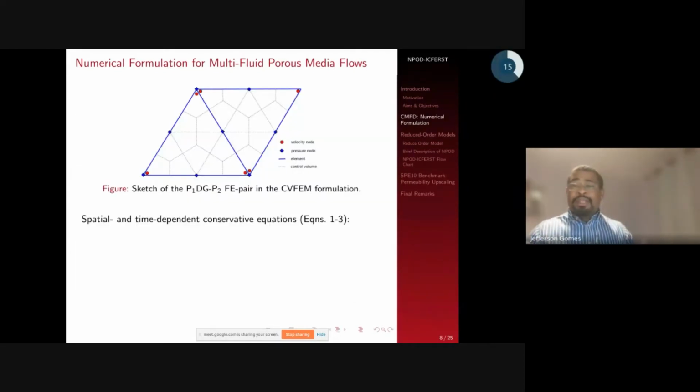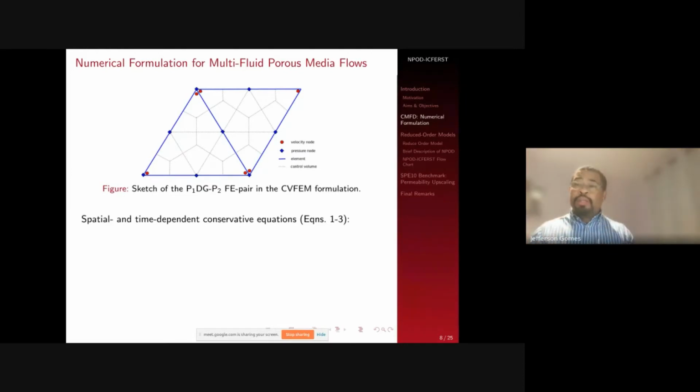What is important is that this method that we are using here, which has been tested against several other benchmark test cases, uses a dual mesh for the system. What does it mean? It means that you use a mix between a control volume method or finite volume method and a finite element method altogether.